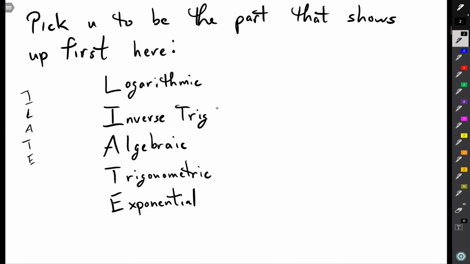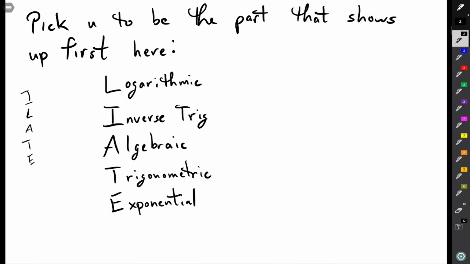Inverse trig is your arc sine, arc cosine, arc tangent sort of stuff. Algebraic, so remember what this is: things that are built out of polynomials and roots and rational functions and things like this. So basically, functions you can build with standard algebraic operations. Trigonometric is your sine, cosine, tangent, secant, things like that. And exponentials are exponential functions, e to the x, 2 to the x, and so on.